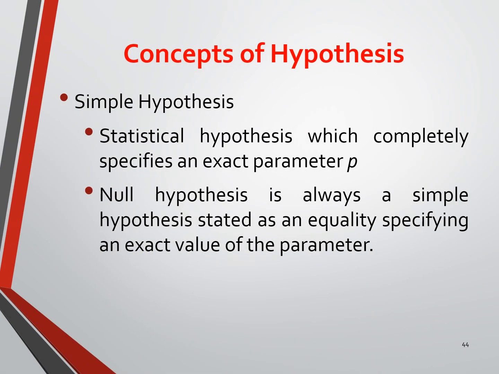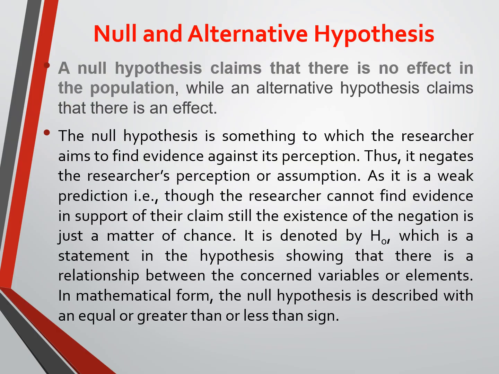A simple hypothesis, which completely specifies the exact parameters, is known as a null hypothesis. So a null hypothesis is always a stated hypothesis indicating the exact value of the parameters. Exact value. Now I am coming to more examples on that.